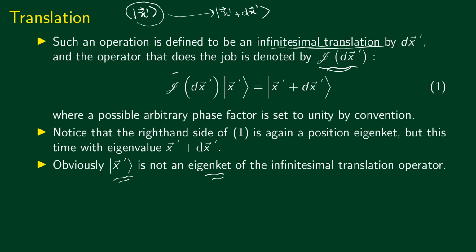Okay, so this we call an infinitesimal translation operator. All right, and we see that the infinitesimal translation operator acting on ket x vector prime gives you another ket. Right, so clearly this is not an eigenvalue equation. This means that ket x vector prime is not an eigenket of the infinitesimal translation operator.